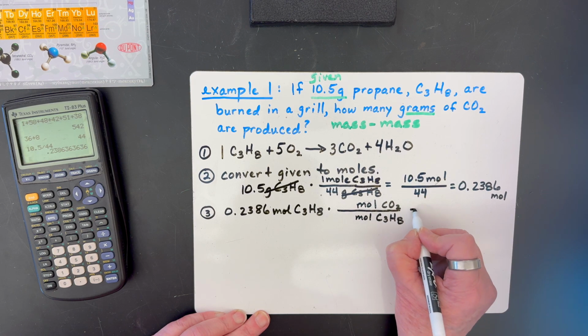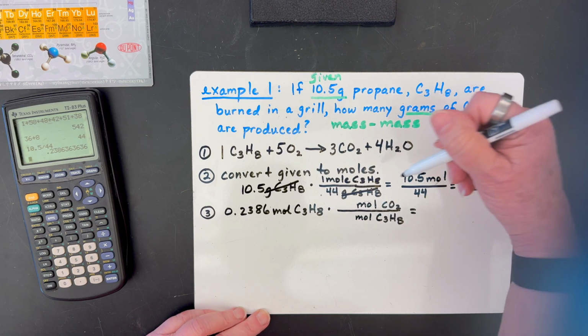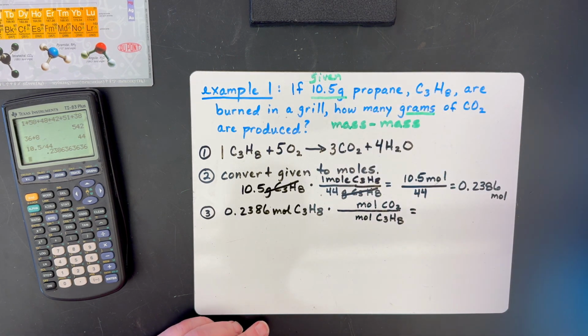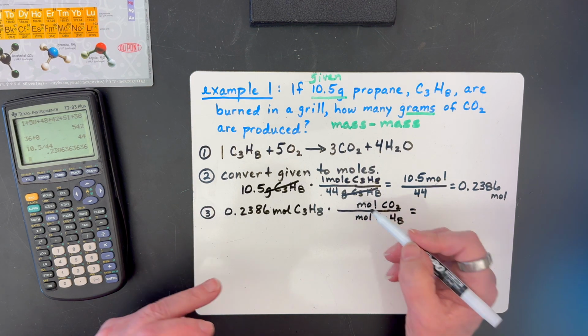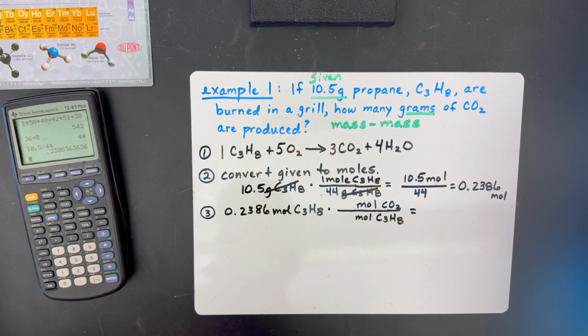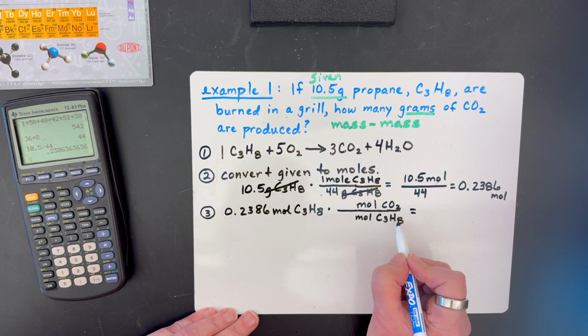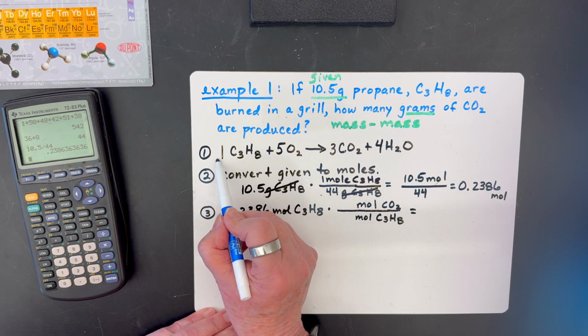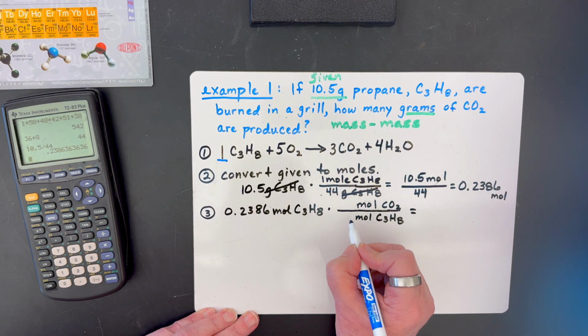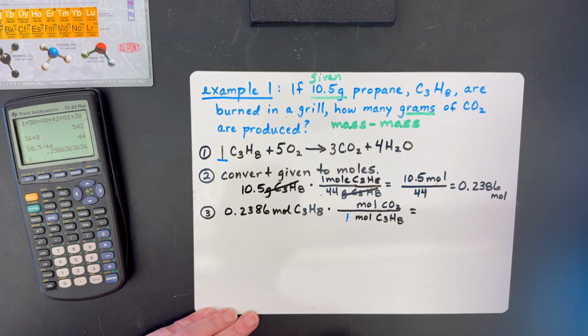Now the numbers that go in front of this, remember this number here came from the periodic table, but these numbers come from our balanced equation. So if we look back at our balanced equation, the number in front of propane, in front of C3H8, was a 1. So we're going to put a 1 there.